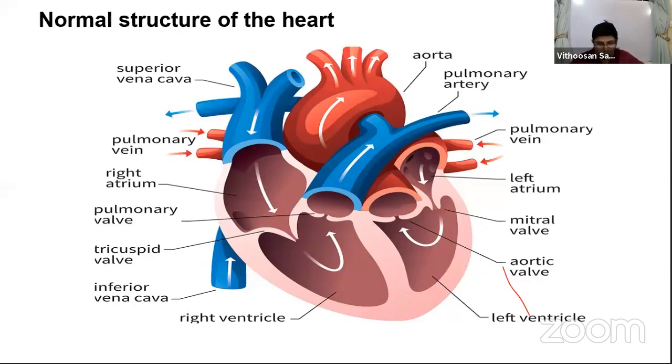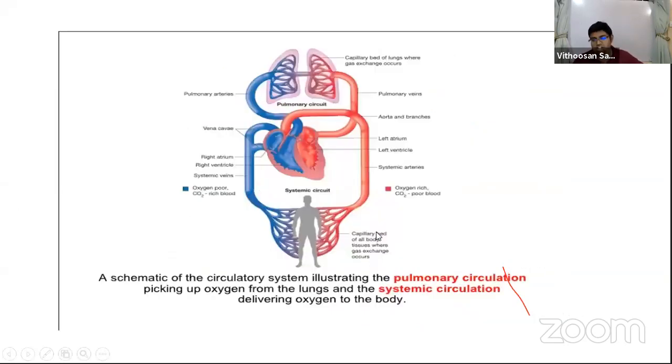So this is how the normal blood pumping takes place. Between the left atrium and left ventricle, we have another valve, that's your mitral valve. It is the same thing I have told you: the blood is pumped from the right side to the lung, and the oxygenated blood comes to the left side and is pumped all over the places.